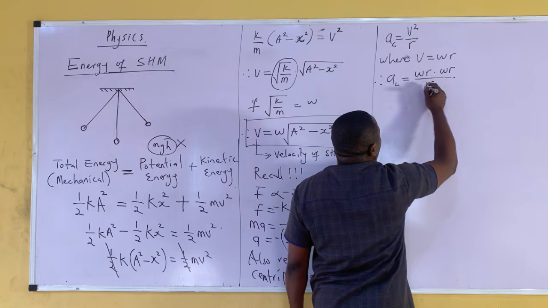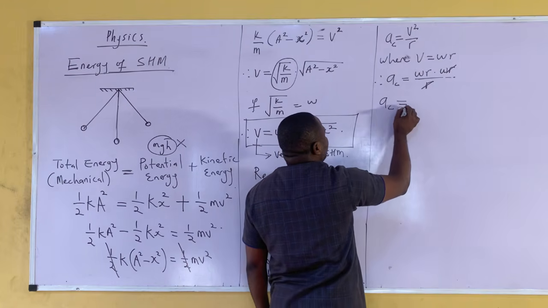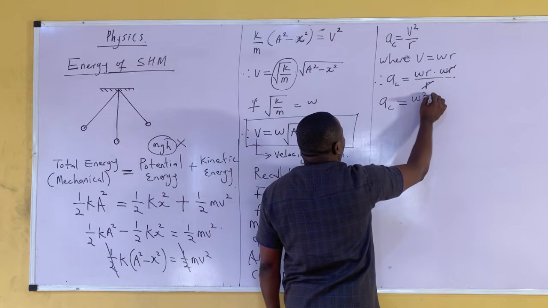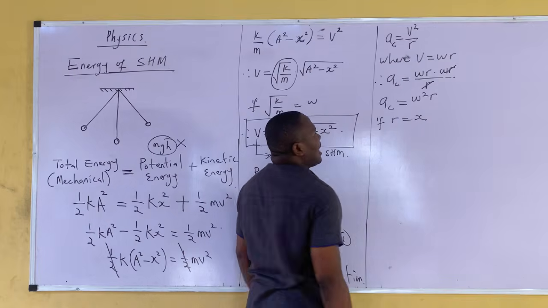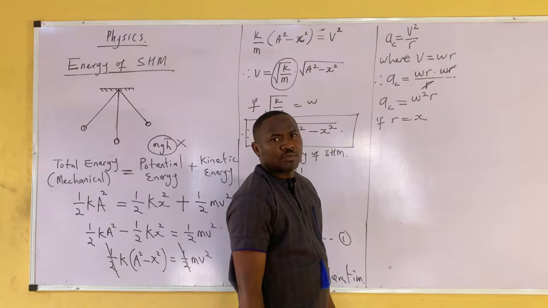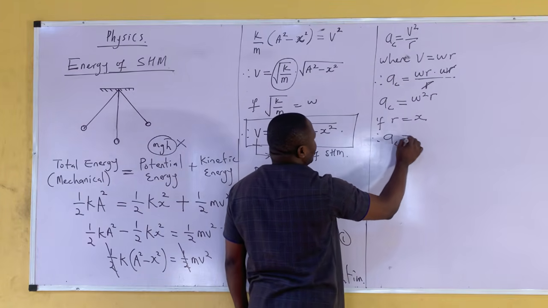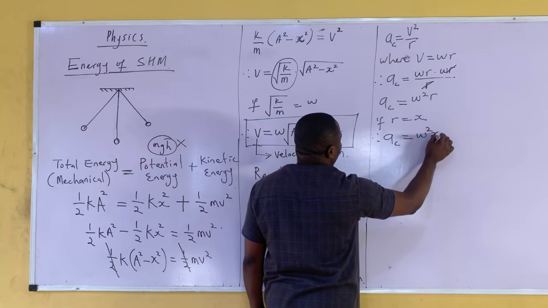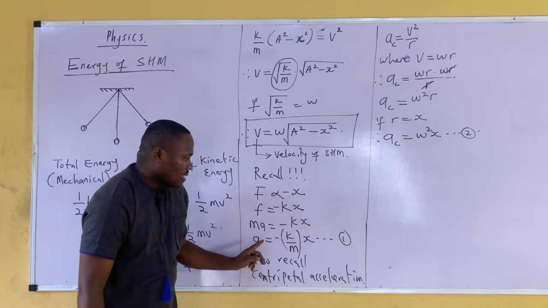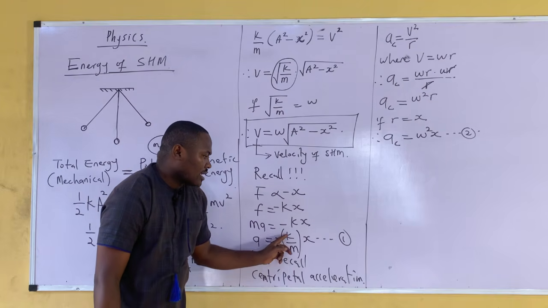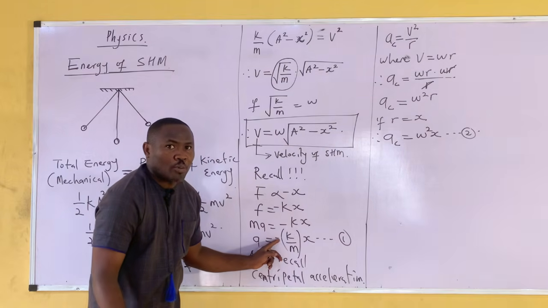This cancels, and I now have centripetal acceleration equal to w square r. Now, if r, the radius, equals displacement x, centripetal acceleration is equal to w square x, equation 2. Now remember, my equation 1 is a equals minus k over m x. The minus sign just shows opposite direction.